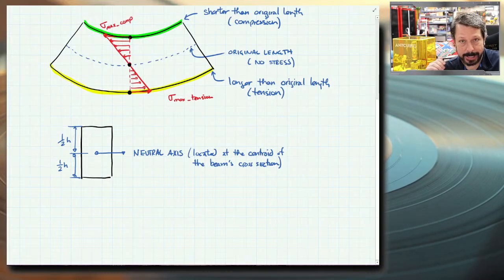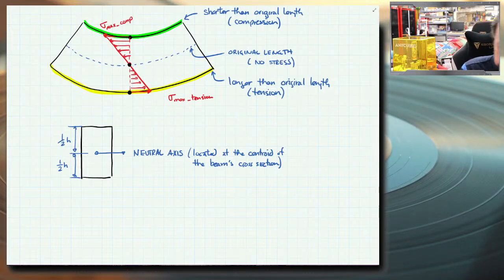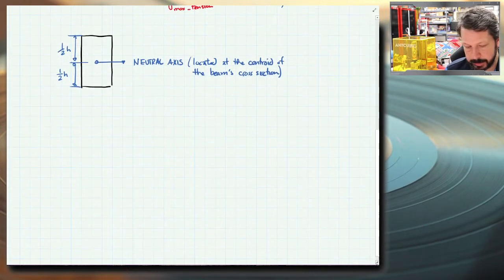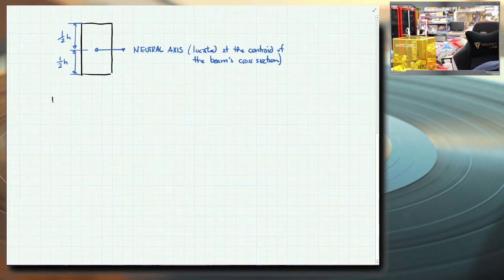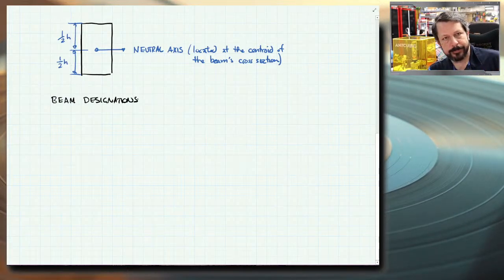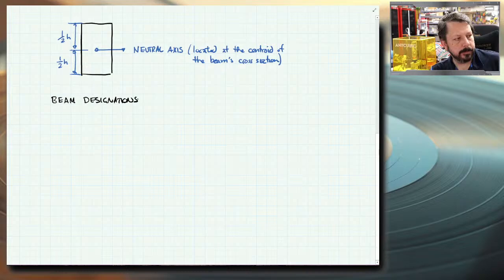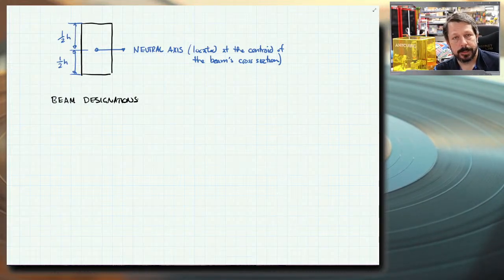Let's talk about beam names, beam designations for a little bit, so that we can look at some charts and get some of this data. In the back of your book, I don't remember what page, there are maybe 5 or 6 different types of beams that give you some different data points.